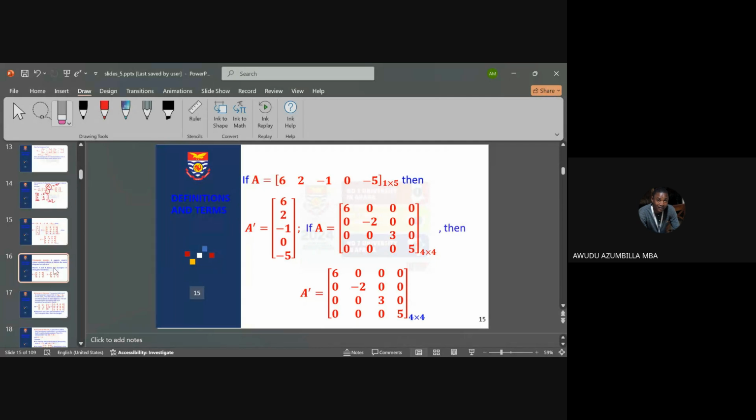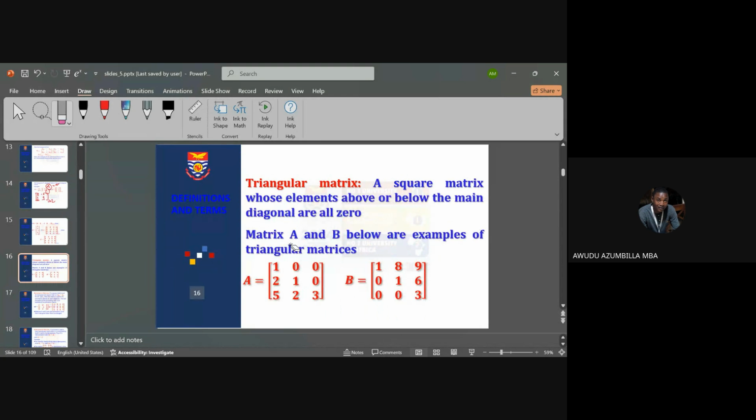Let's move on. Let's go to the triangular matrix. A triangular matrix is a square matrix whose elements above or below the main diagonal are all 0. The first one is above: this is the main diagonal, and the elements above the main diagonal are all zeros.